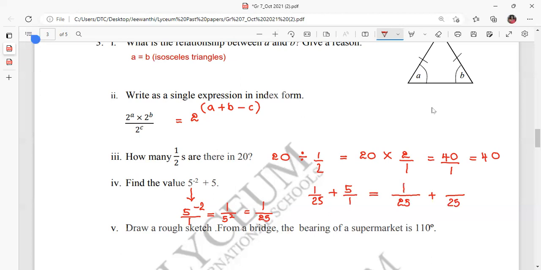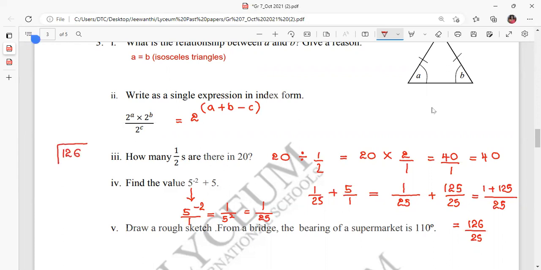Here 1 I can write as it is, and here 25 times 5 is 125. Now you have the same denominator, and 1 plus 125 gives the answer 126 over 25. You can keep the answer like this, or you can convert it into a mixed number.